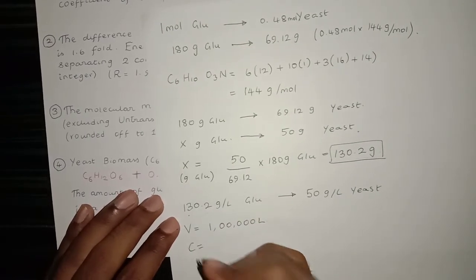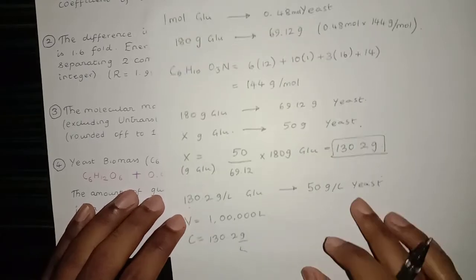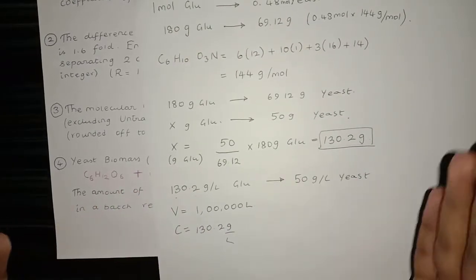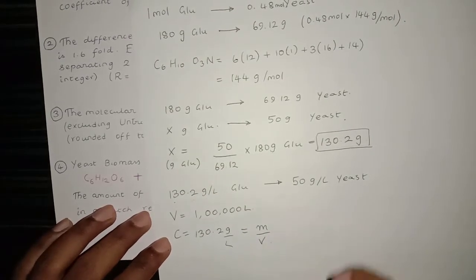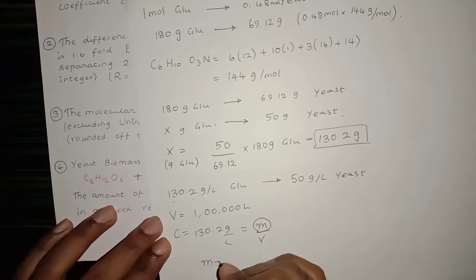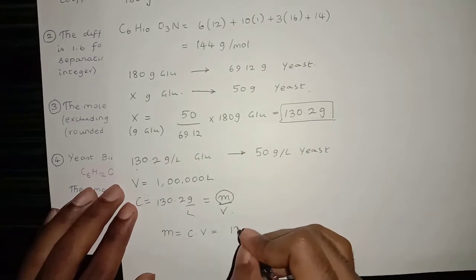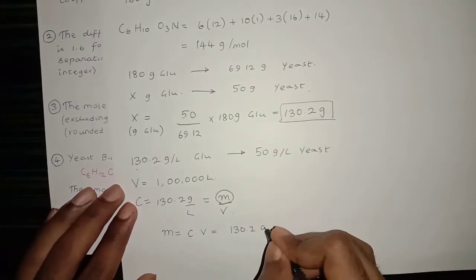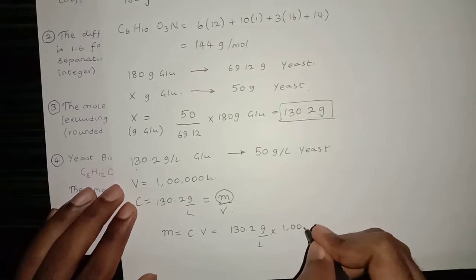We know the concentration of glucose is 130.2 gram per liter based on our assumption that the basis is 1 liter, which is equal to mass over volume. We need to know the mass of glucose. Therefore mass is equal to concentration times volume, which is 130.2 gram per liter times 1 lakh liter.